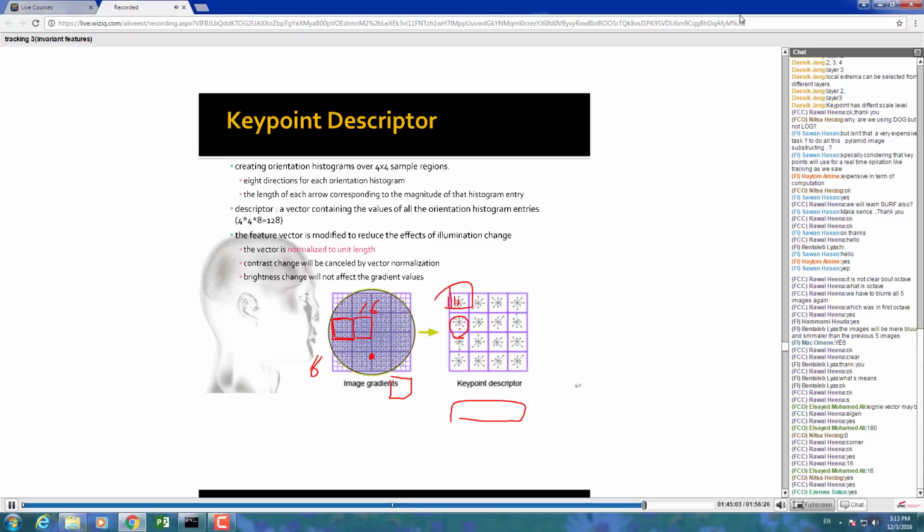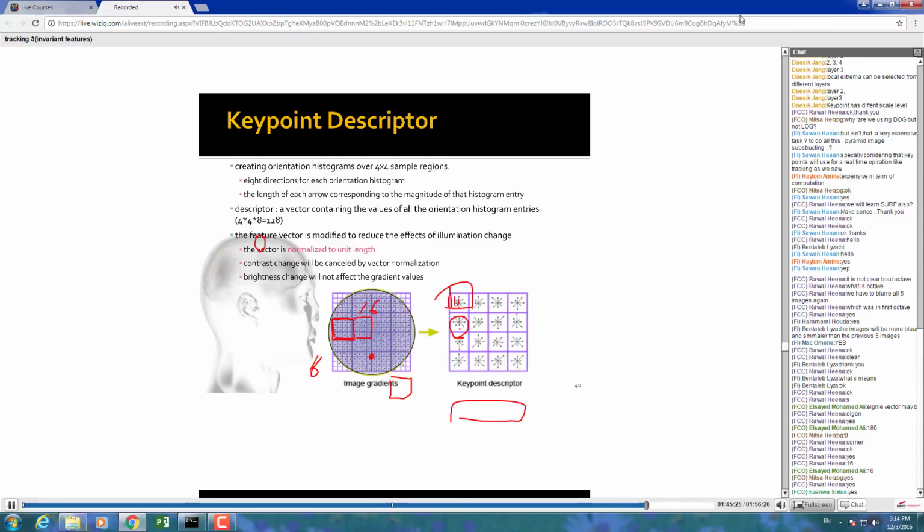That's the histogram. So every cell is representing a certain number of bins of the histogram. We can define how many divisions, how many bins we want for this angle.